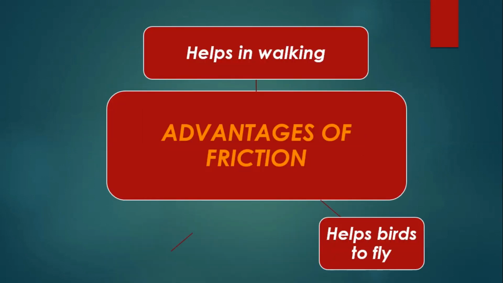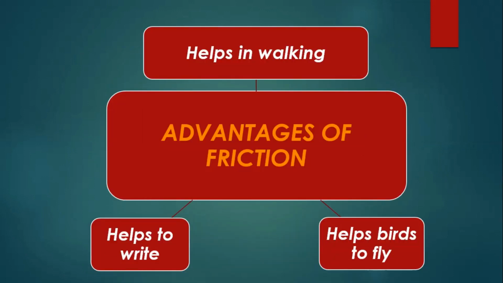Now we will discuss the advantages and disadvantages of friction. Okay, so we start with the advantages of friction. Without friction, it is difficult for us to move, to walk, to sit.